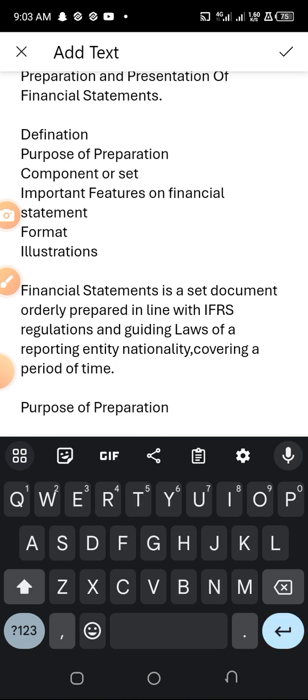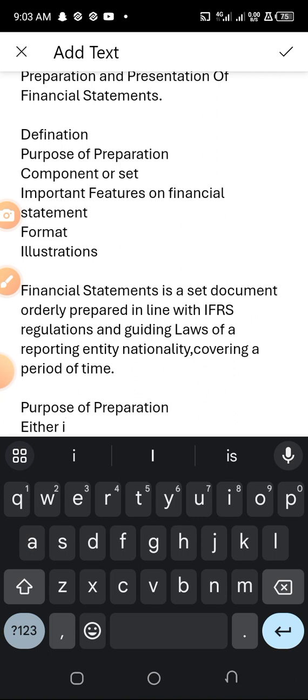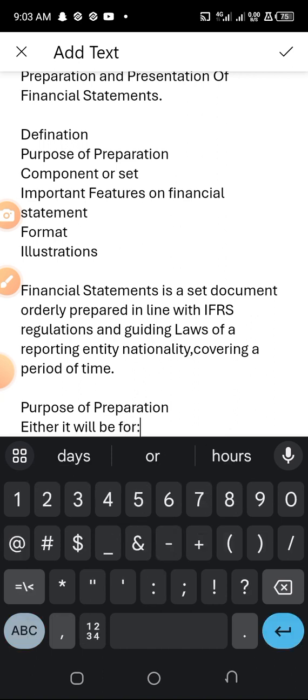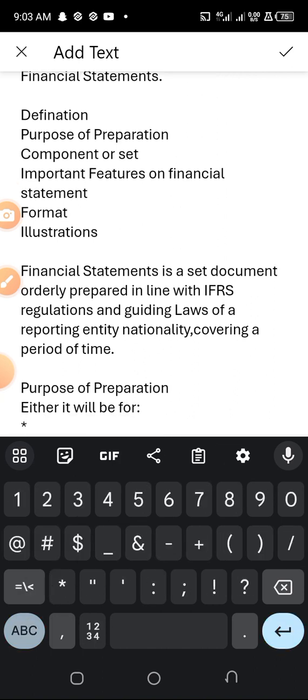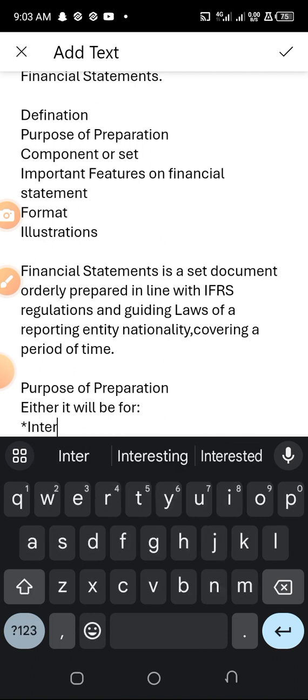The purpose of preparation will be, first, for internal usage. If it is for internal usage, the management of that entity, of the reporting entity, are the ones majorly using the financial statements.